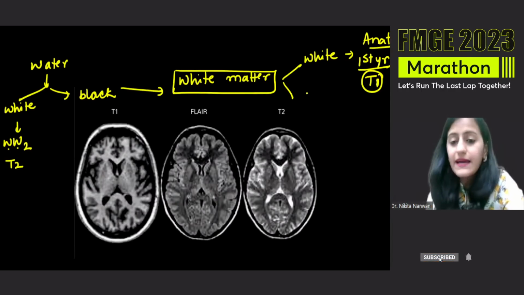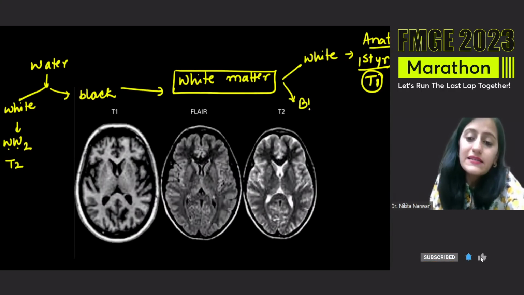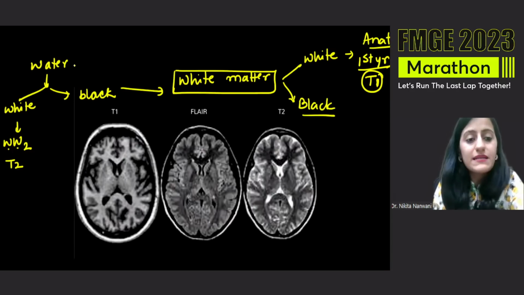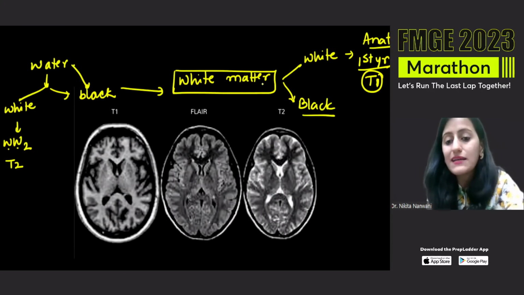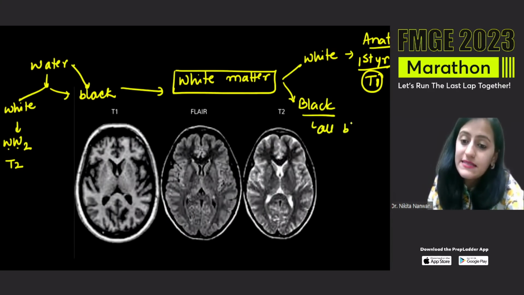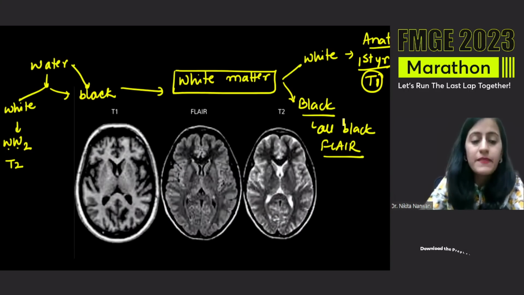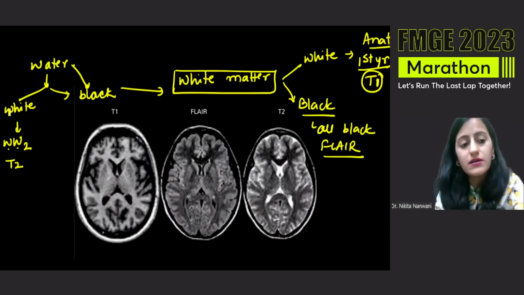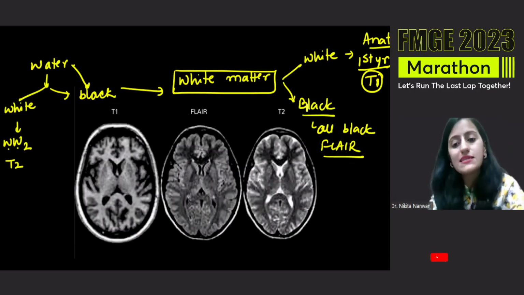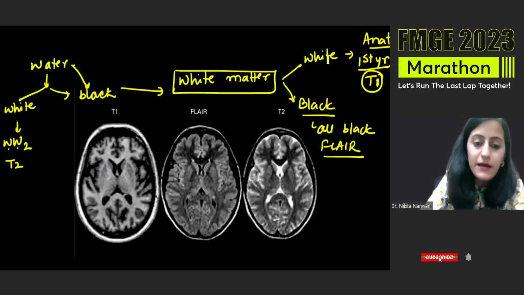Then if the water is black and the white matter is also black, that means it is all black. So it is going to be FLAIR. Remember that FLAIR is all black. That is all you need to remember here. Water white is T2. White matter white is T1 and all black is FLAIR.